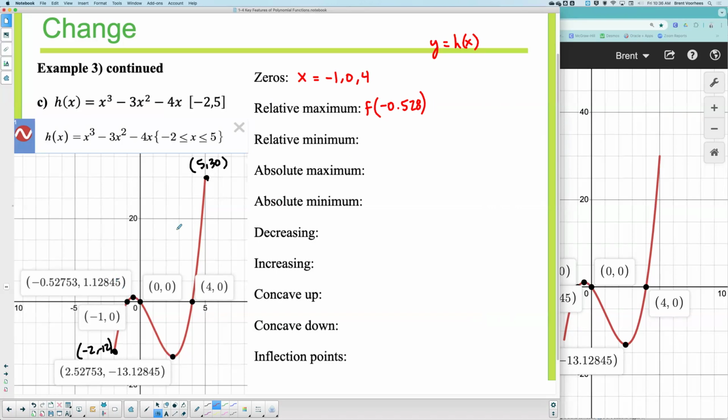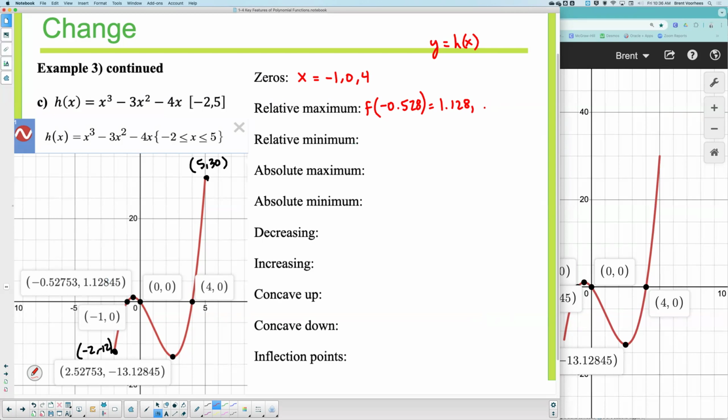Now, are the two y values the same this time? No, I have to write them separately. So I'm going to write this one equals 1.128. There's the first maximum.